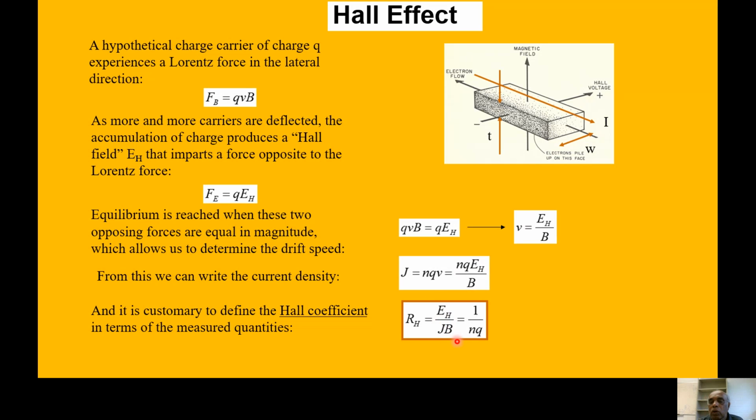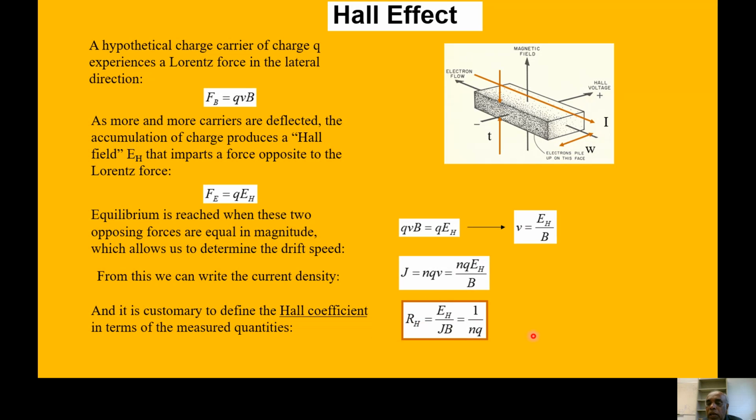That's how we define the Hall coefficient. So that is given now as 1 over nQ. You can see this Hall coefficient has the sign of Q. That means if you have electrons as your charge carrier, then Q is negative, then your R_H will be negative.